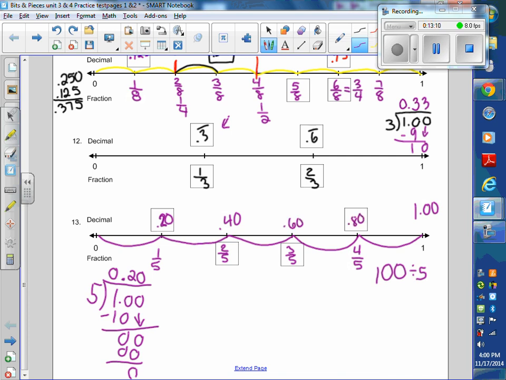The other way is to use your ratio tables. 4/5, you just multiply by 2, and you get 8/10, which is 0.8. Both are correct. Same with 1/5. Multiply by 2, and you get 2/10.